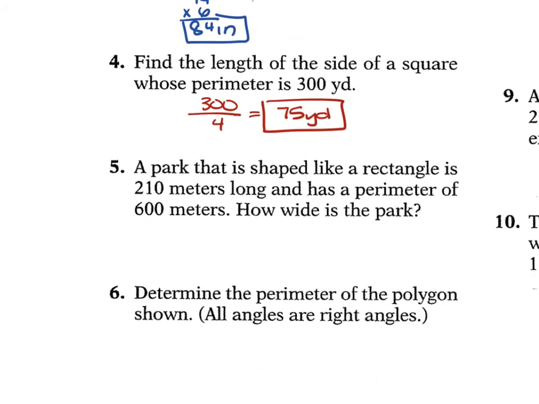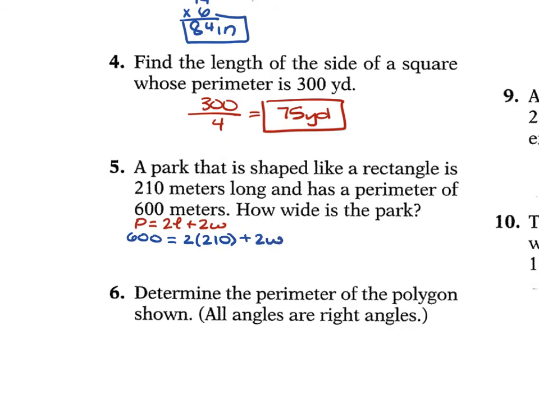For 5, it says a park that is shaped like a rectangle is 210 meters long and has a perimeter of 600 meters. How wide is the park? So your perimeter of this park is going to be 2 times the length plus 2 times the width. It says the rectangle is 210 meters long. So that means that 600 is equal to 2 times 210 plus 2w.